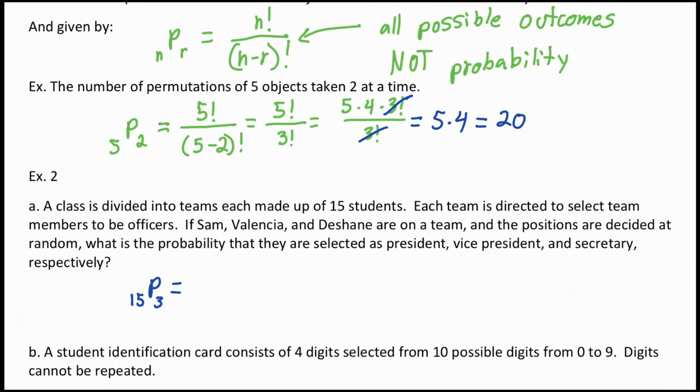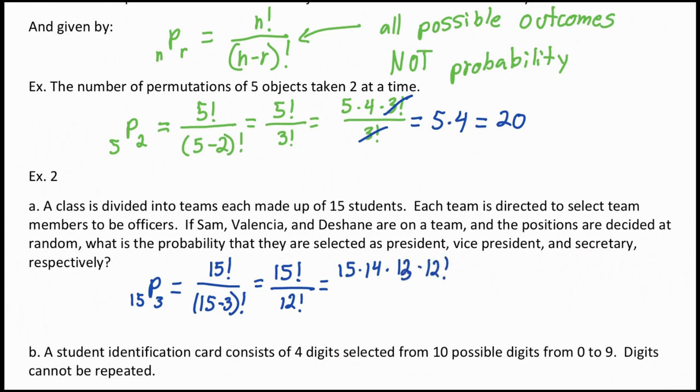So we'd say n factorial, so that's going to be 15 factorial over what? 15 minus 3 factorial. So again, I'm going to have 15 factorial over, this will turn into 12 factorial. How can I rewrite 15 factorial so that things help us a little bit? 15 times 14 times 13 times 12 factorial. Very good. So now what's going to happen?